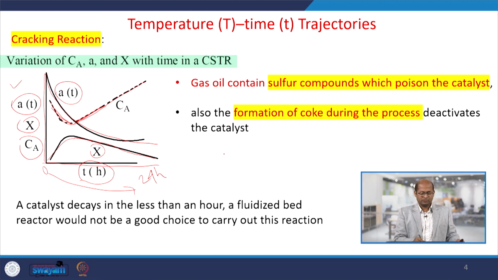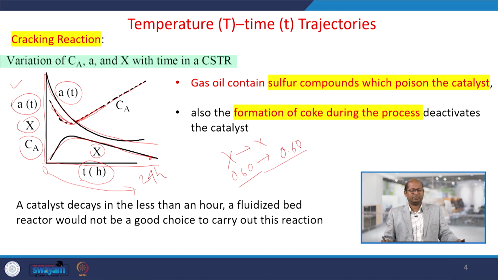If we want to get the same conversion, let us say 60% conversion at the beginning, but after 24 hours the conversion is very low, and we again want 60% conversion within that time, then we have to change some parameters when conducting the reactions, that is the temperature parameters.